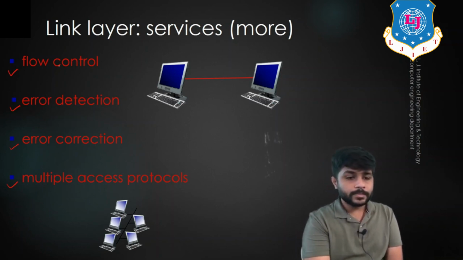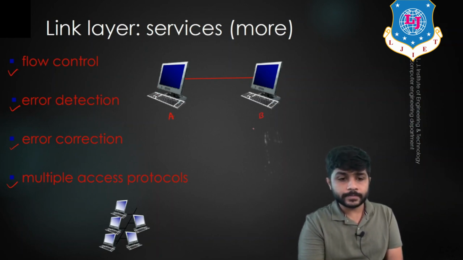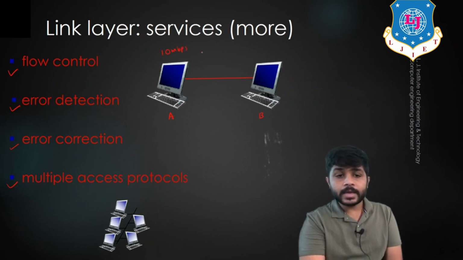So what is the meaning of flow control? Suppose this is device A and this is device B. A is sending data at 10 Mbps and B is able to receive data at 5 Mbps.